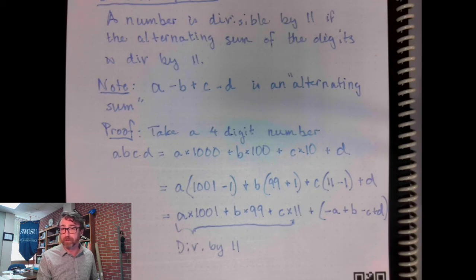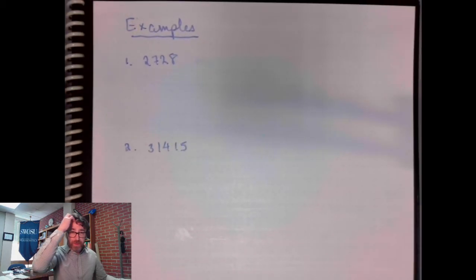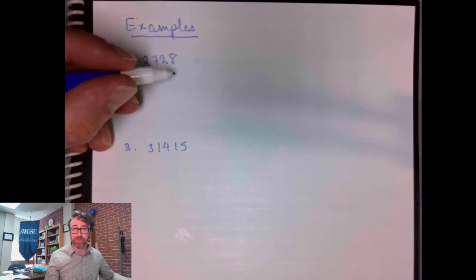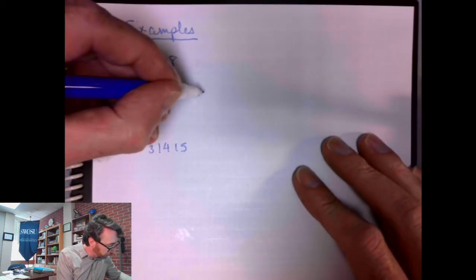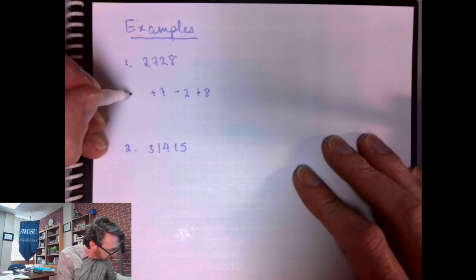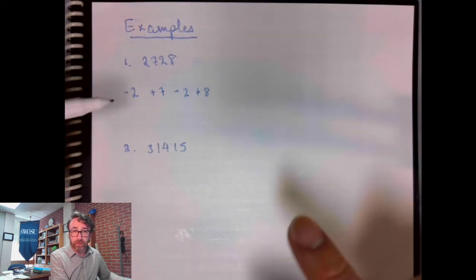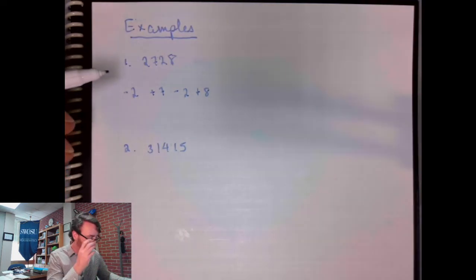Okay, so let's look at a couple of examples of that. So we're looking at a couple numbers here. We're going to apply the divisibility test for 11. I actually like to start on the right end, so plus 8 minus 2 plus 7 minus 2. Okay, so I'm going to do this alternating sum.